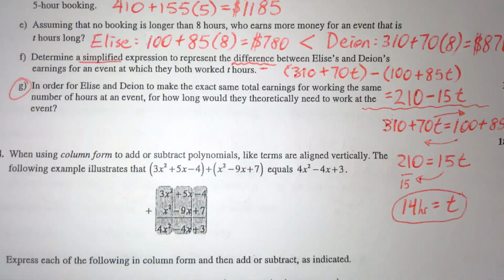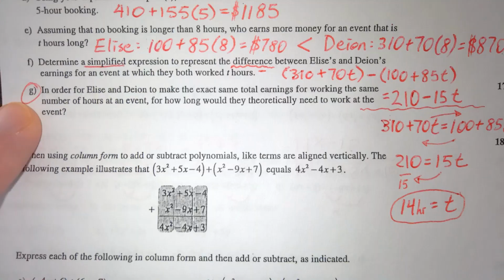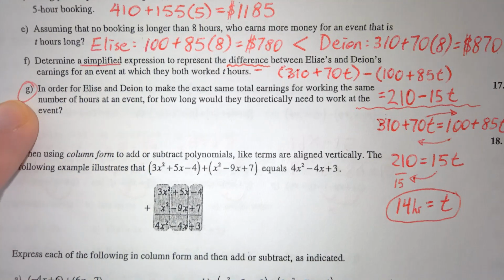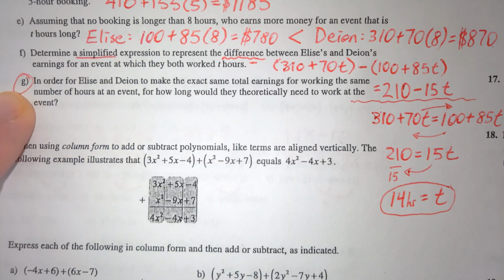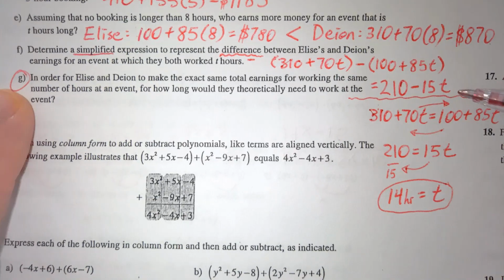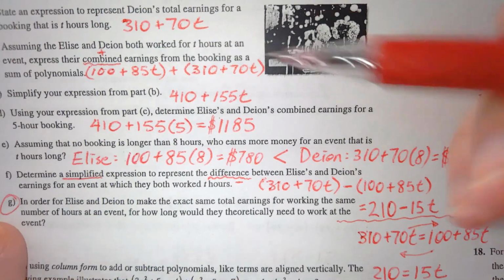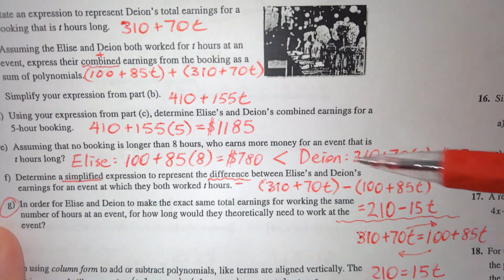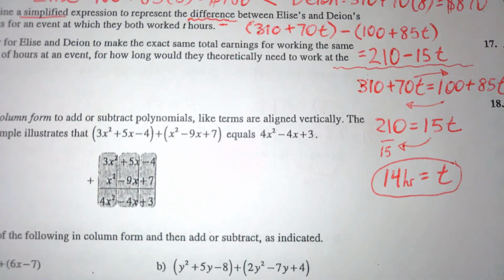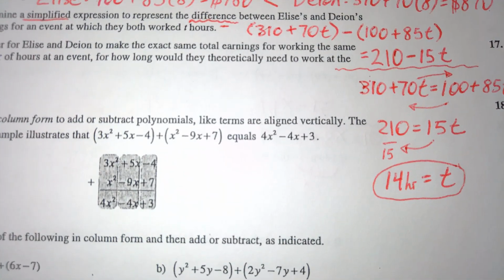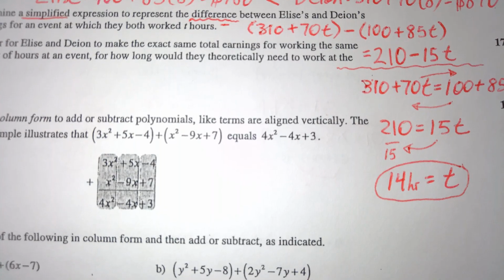Okay. So for part G right here, don't worry about it. Part G won't be on the test, but it will eventually be in chapter 4, I think. But for the chapter 3 test, you do have to know all this. You have to be able to do parts A to F. So that's today's lesson.